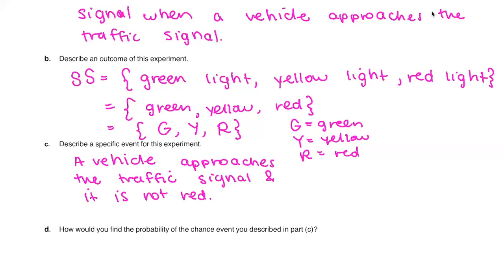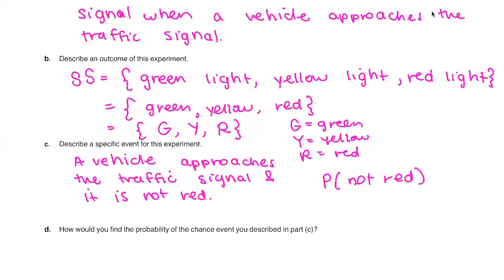We might write that then we're trying to find a probability of a not red light. I'm going to just say this event is getting not red.